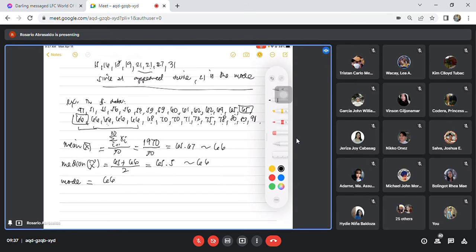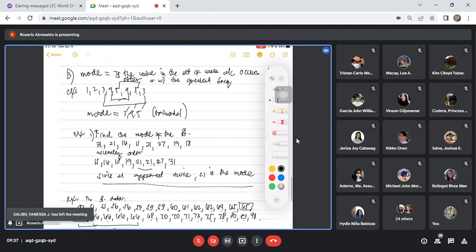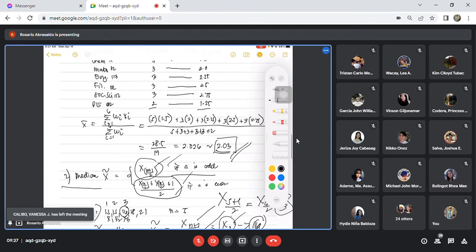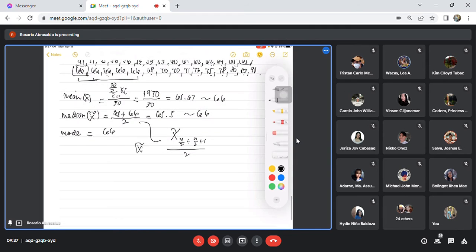Gamiton nato ning formula ganiha. Katong ato ang median, kay even man siya: x sub n over 2 plus x sub n over 2 plus 1, divided by 2. Sorry, ato ang i-check ang formula. Ato ang median.